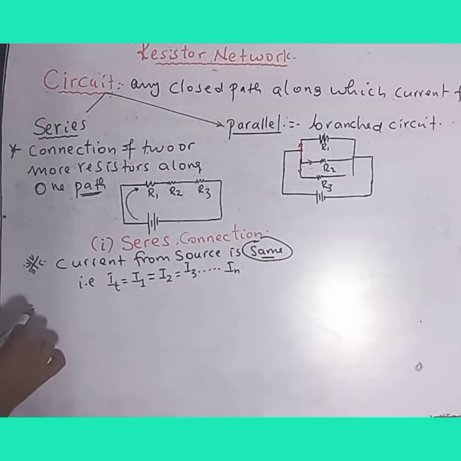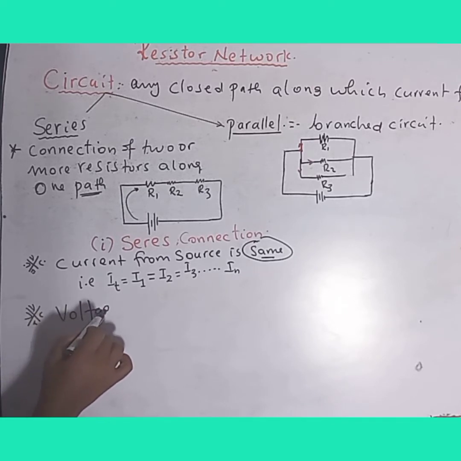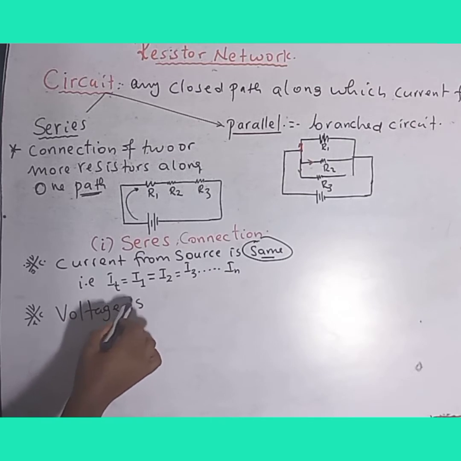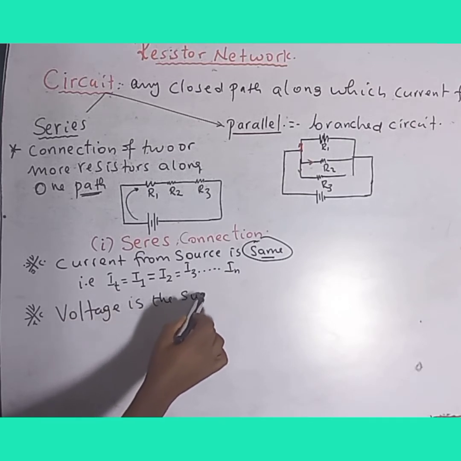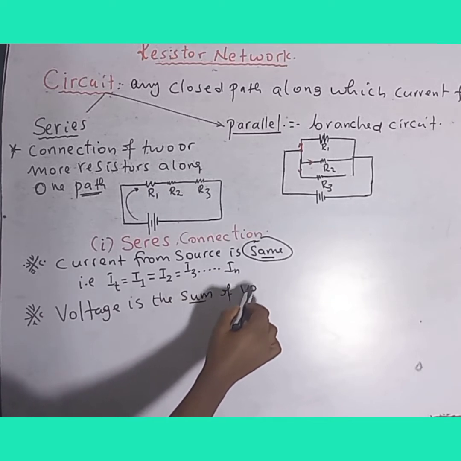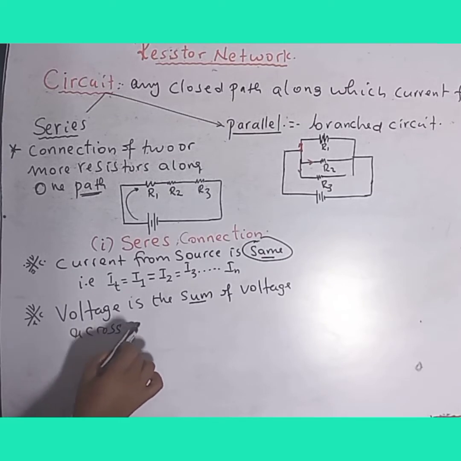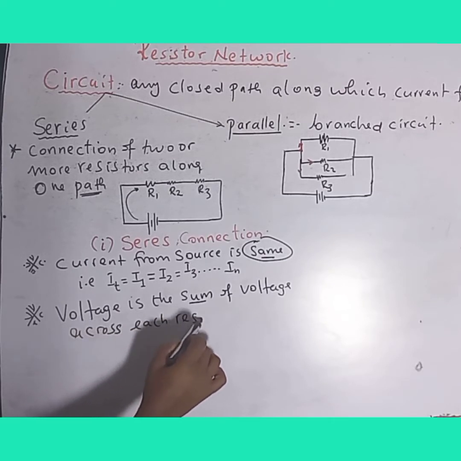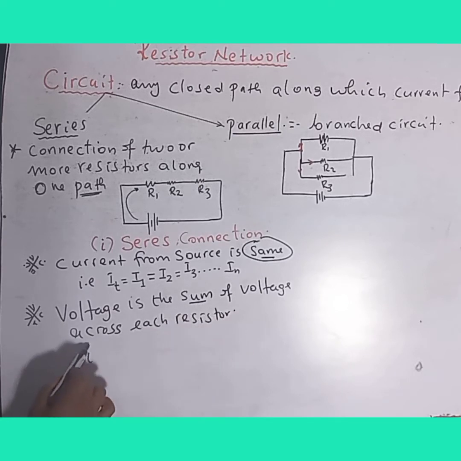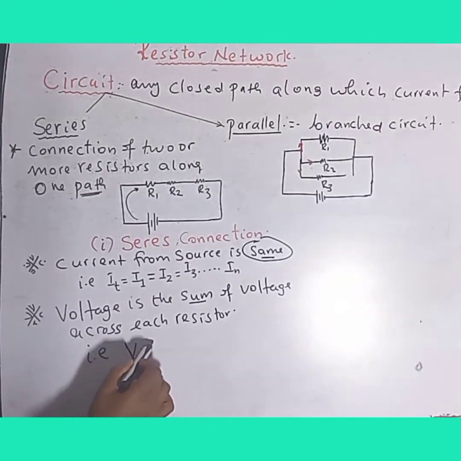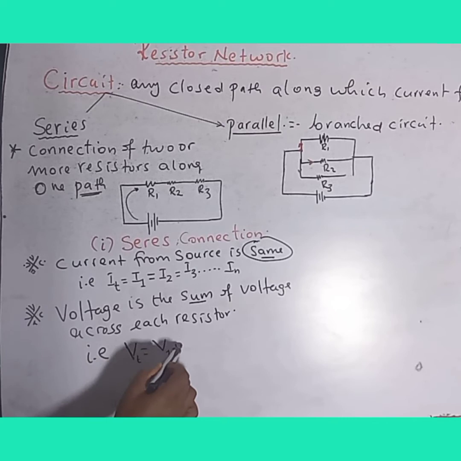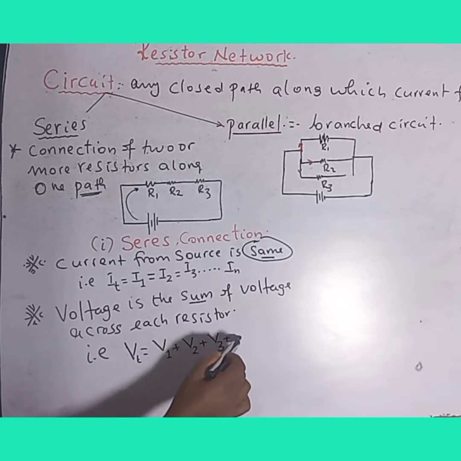And for a series connection, total voltage is the sum of the voltage across each resistor, which means the total voltage equals voltage across resistor 1 plus voltage across resistor 2 plus voltage across resistor 3.